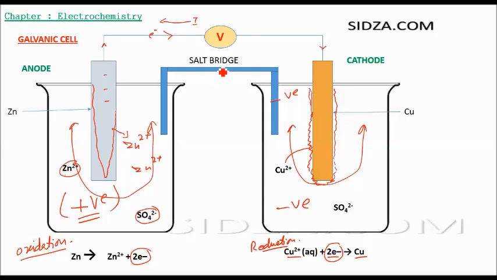Salt bridge is a U-tube which contains some inert electrolytes, like potassium nitrate, okay, or potassium chloride or sodium nitrate.